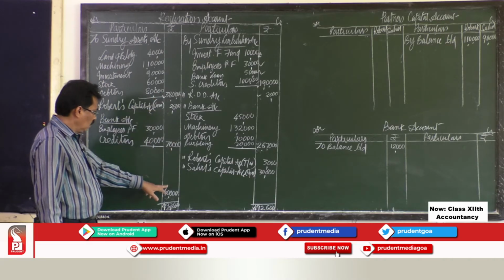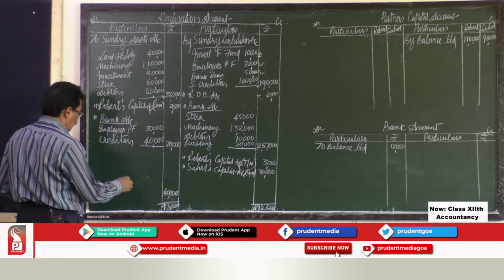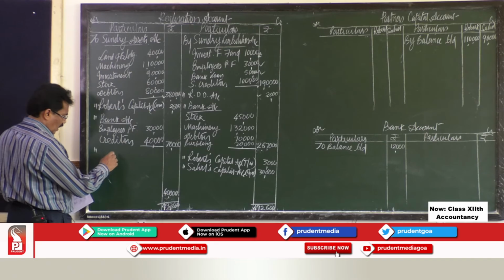The total we subtract from this, you are getting a difference of rupees 40,000. This is called profit on realization account.